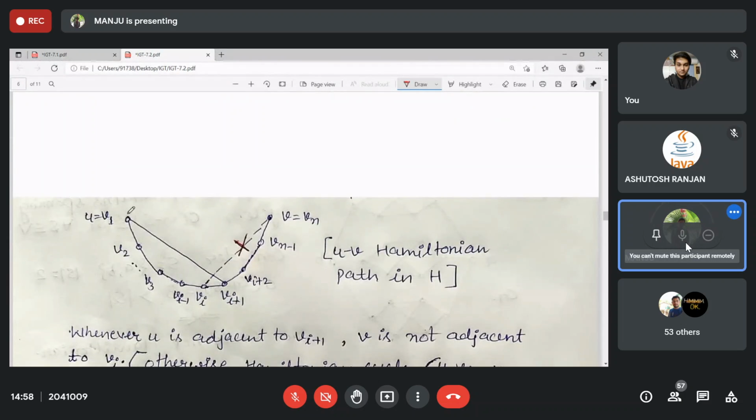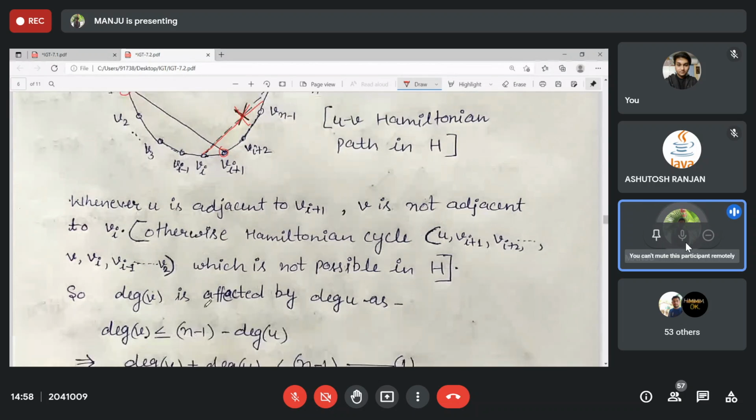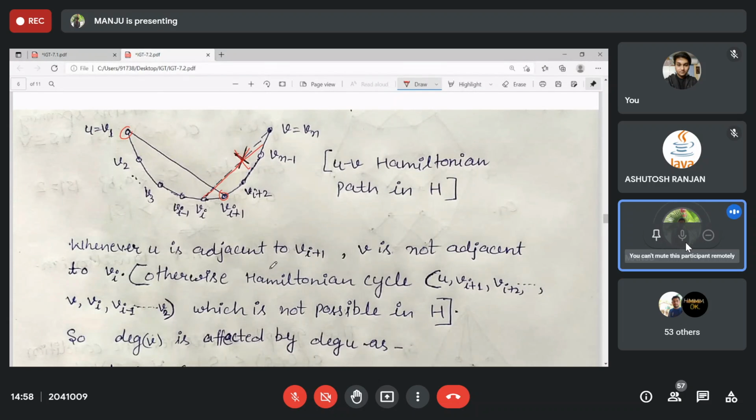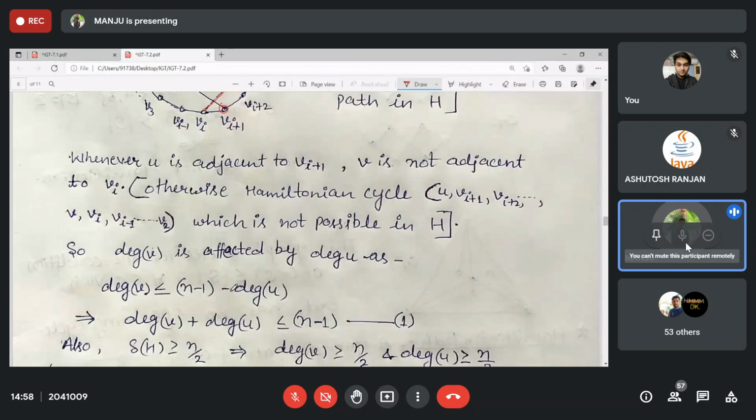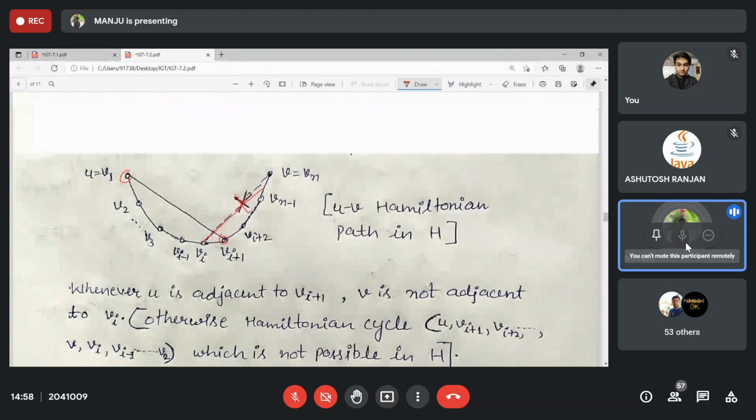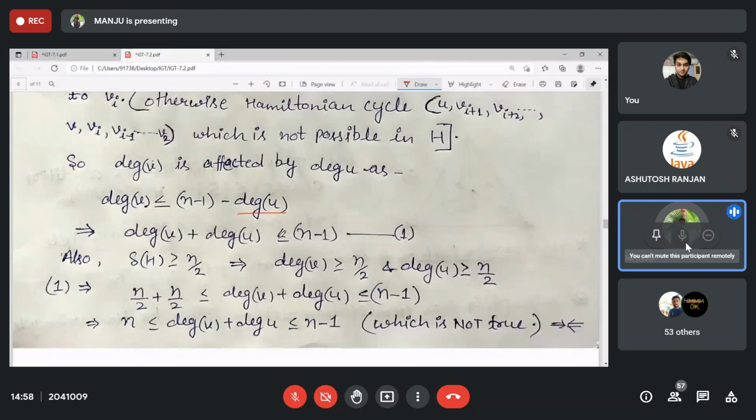In that path, whenever U is adjacent to any vertex, the predecessor of this vertex is not adjacent to V. So like this, the degree of V gets affected by the degree of U. So it can be at most n minus 1 minus the degree of U, because that many possibilities have been removed from the degree of V.